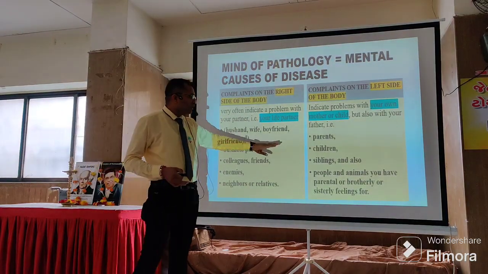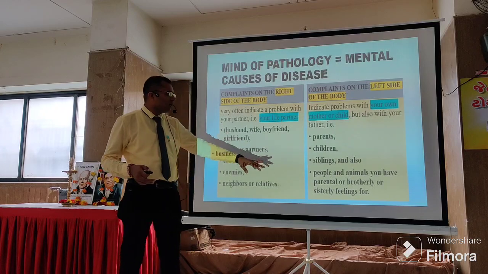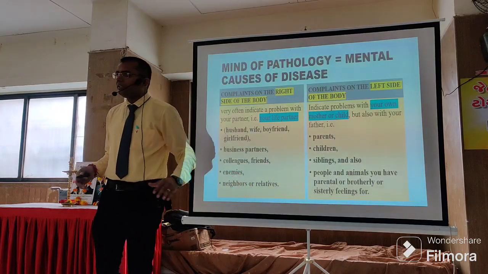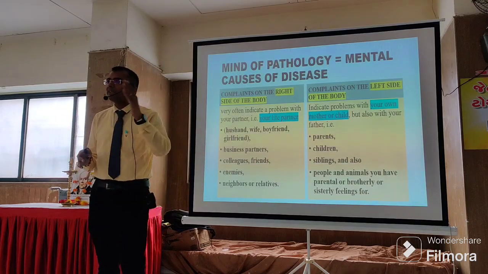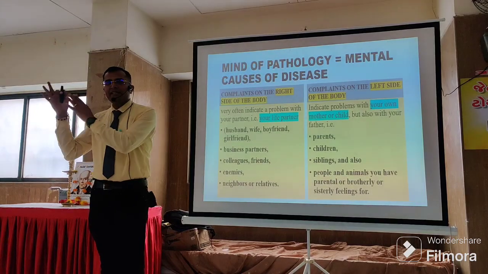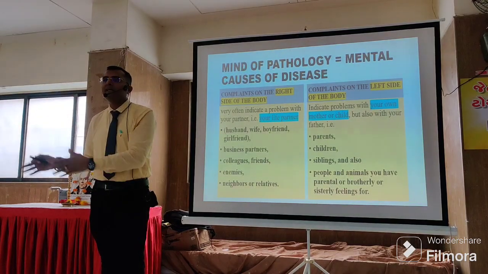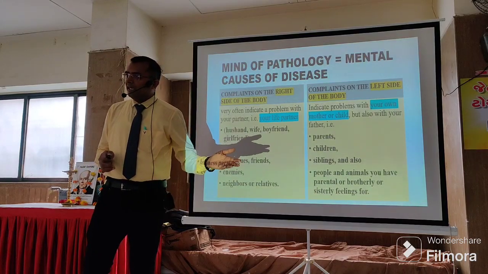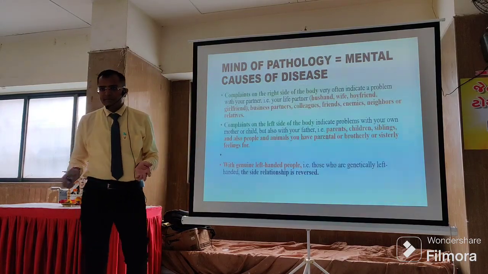So parents, children, siblings and people for whom you have parental, brotherly or sisterly feeling. So these are the causative factors you have to ask in the history. Are you getting me? Right side is affected, problem with the partner. Left side is affected, problem with the mother and child and the emotional attachment.